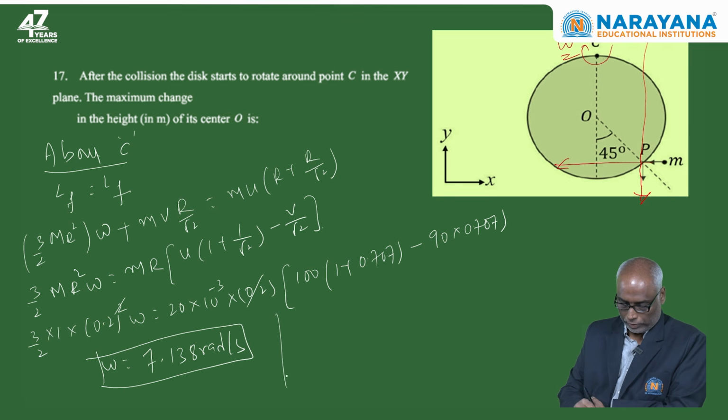Let us imagine that the height raised is h. So mgh is equal to the decrease in the rotational kinetic energy, which is nothing but ½Iω².